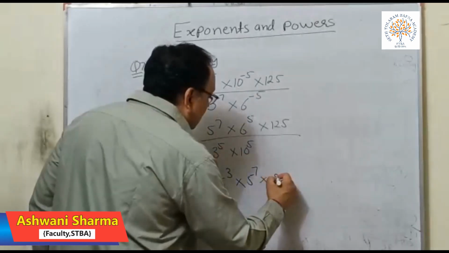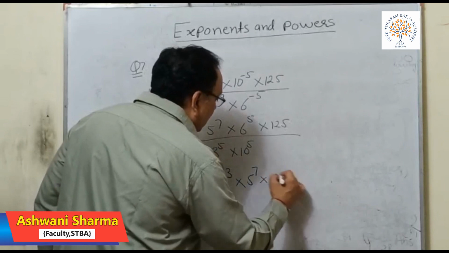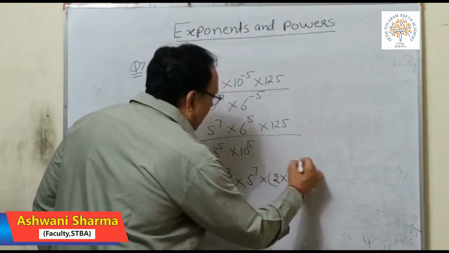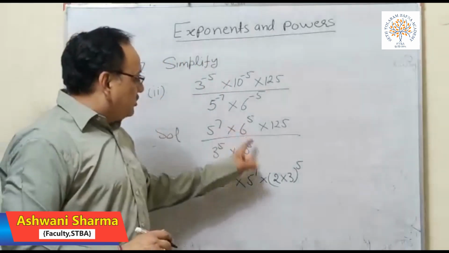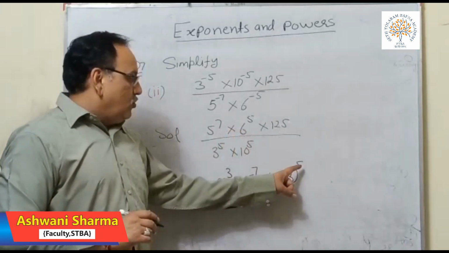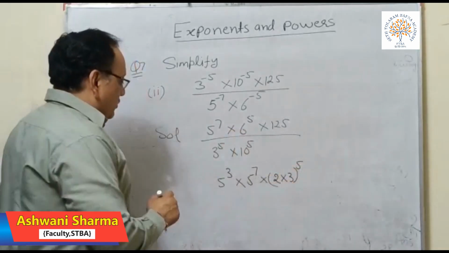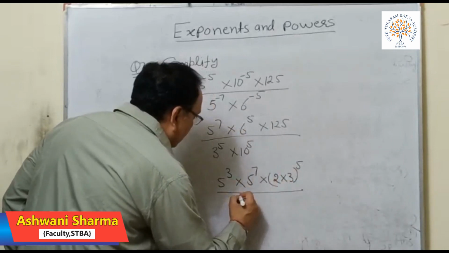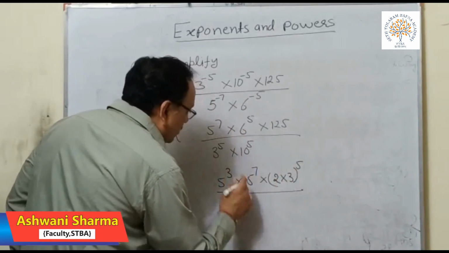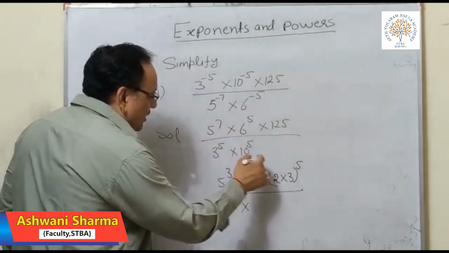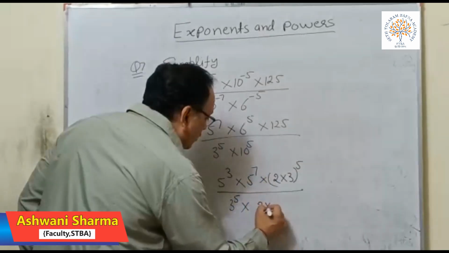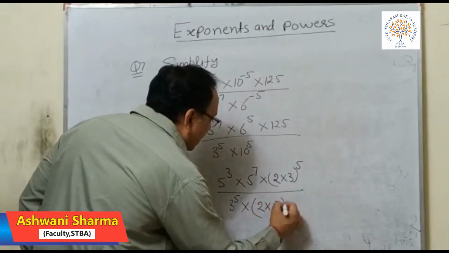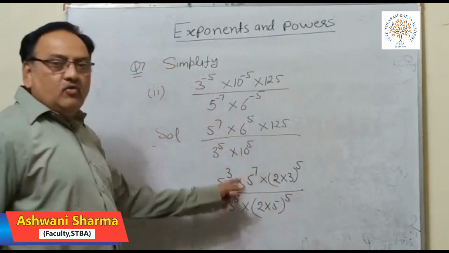We can write 6 as 2 into 3 whole power 5. 2 3s are 6, whole power 5. Now, 3 raised to the power 5 into, we can break 10 as 2 into 5. 2 5s are 10 raised to the power 5.